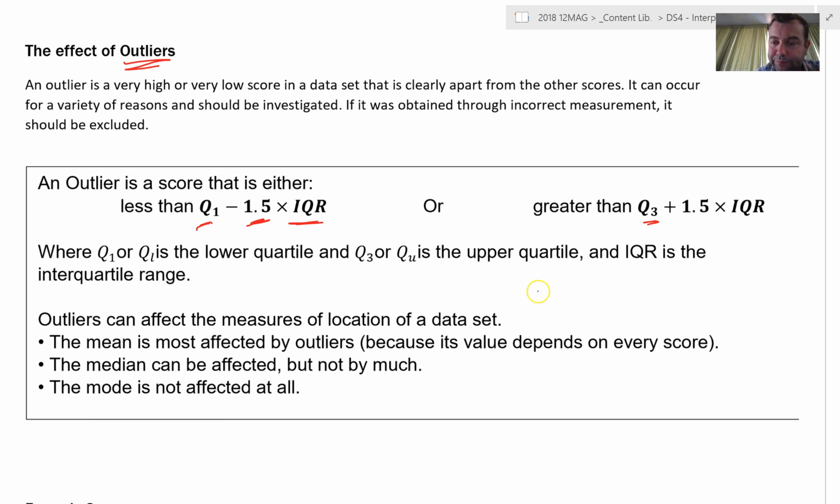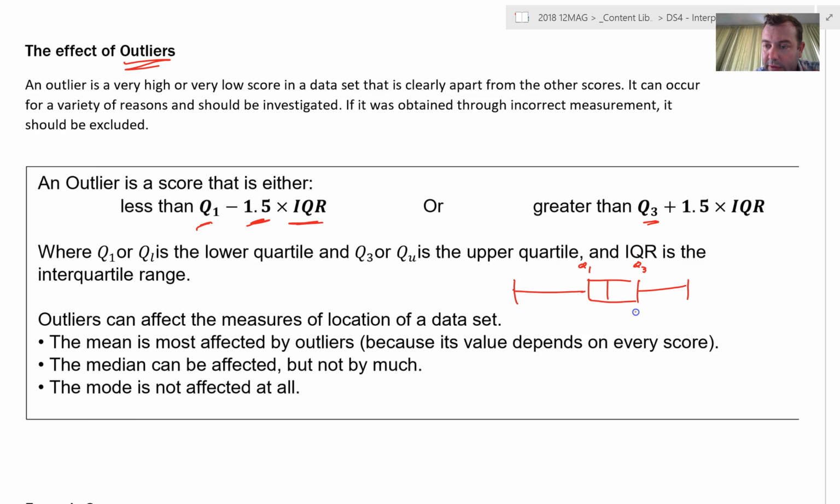Okay, so let's just make up a box and whisker plot. All right, we know our box and whisker plot looks something like this. That's Q1. That's Q3.